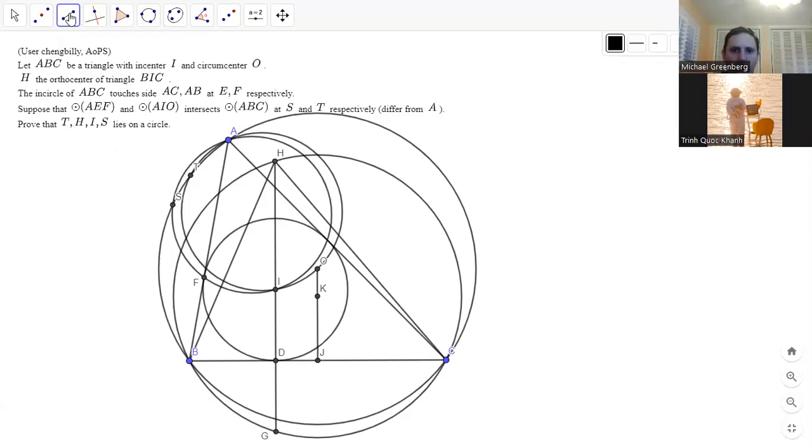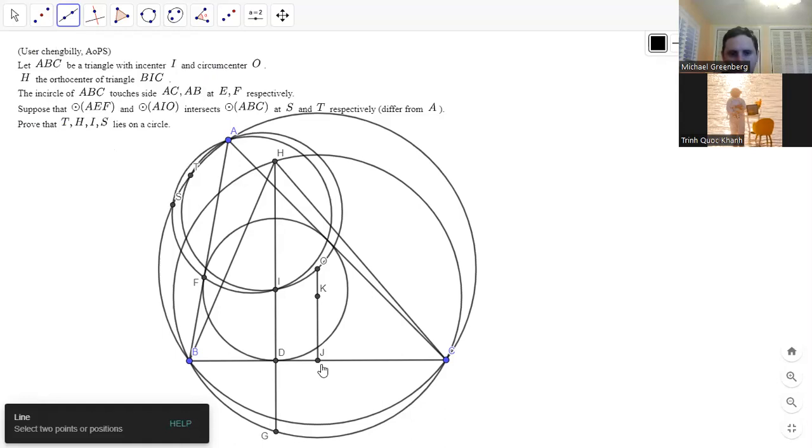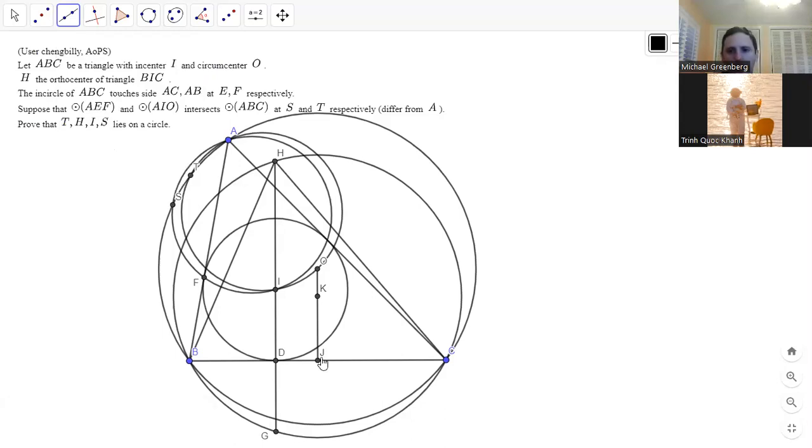I wonder. Let AI intersect O at X. Then AIO is similar to IGX. Okay.